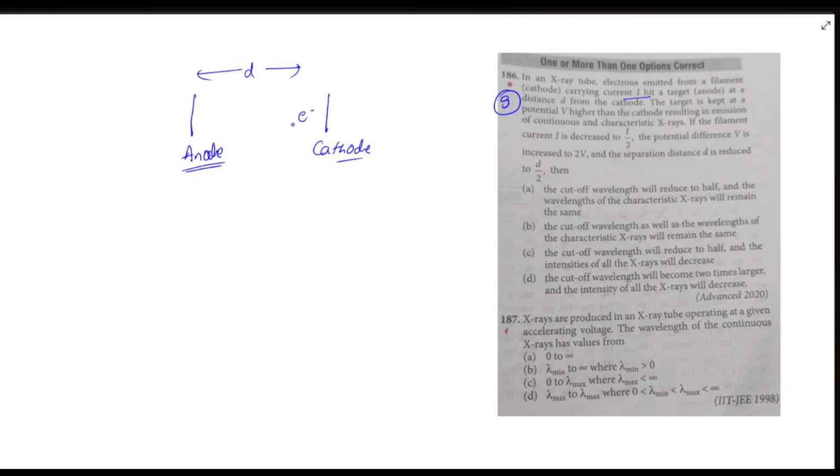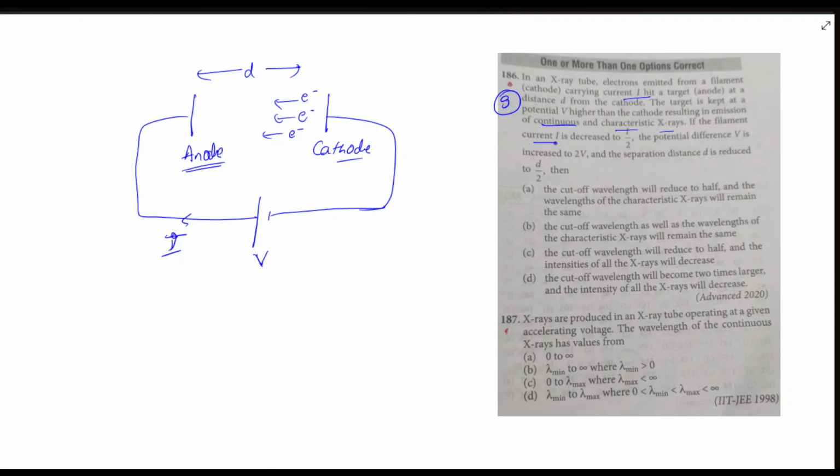So of course electrons are released from the cathode and these are carrying current I. So we can say the current is I. Now what happens is the target is kept at a potential difference V higher than the cathode, resulting in the emission of continuous and characteristic X-rays. So there is a V potential difference, right?